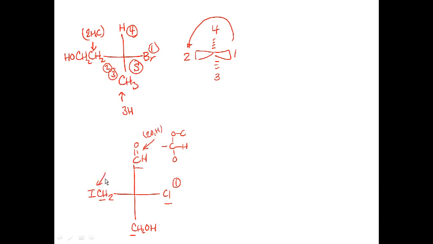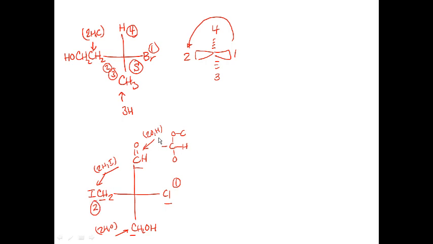What's attached to this carbon over here? 2 H's and an I. What's attached to this carbon down here? 2 H's and an O. Which one wins the highest priority? Iodine beats hydrogen, oxygen. So this is group number 2.